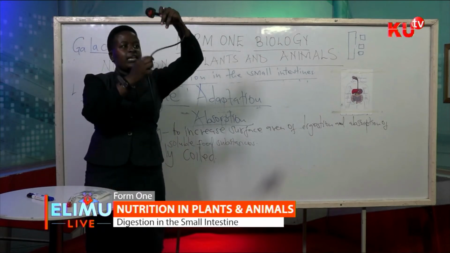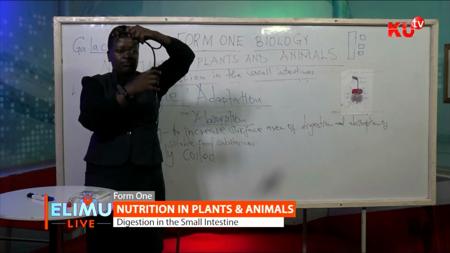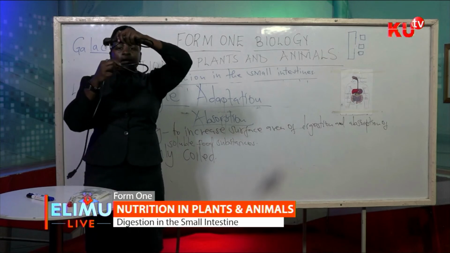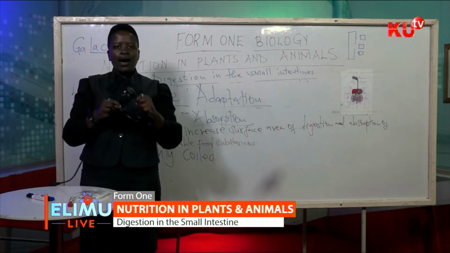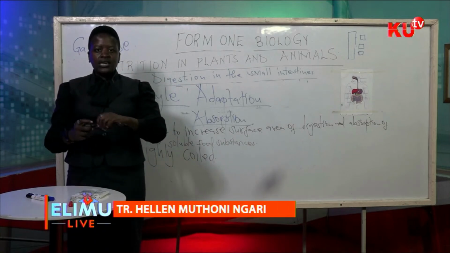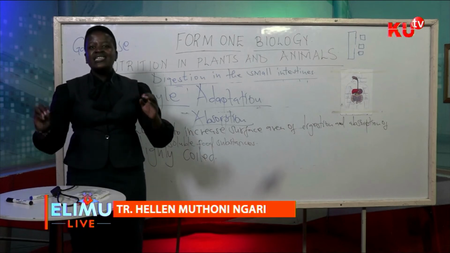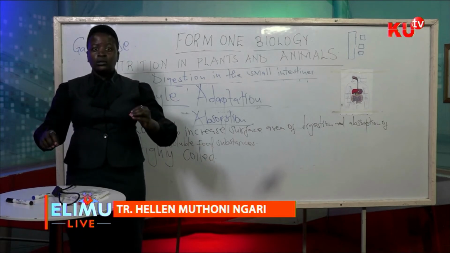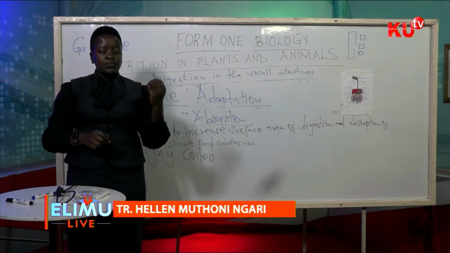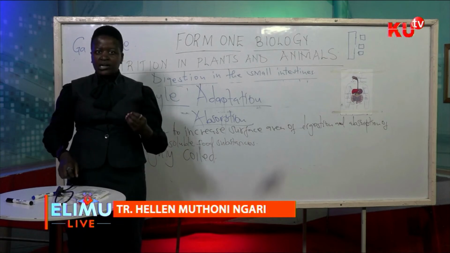But if I coil it, the water would flow slowly because it is coiled. So the more the coils, the slower the movement of the food substances. This will give time for the succus entericus or intestinal juice to take its function. It will also give more time for absorption of the soluble products. Hope we are clear on that.